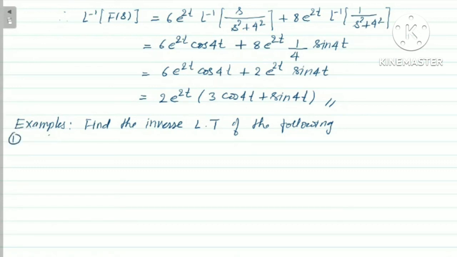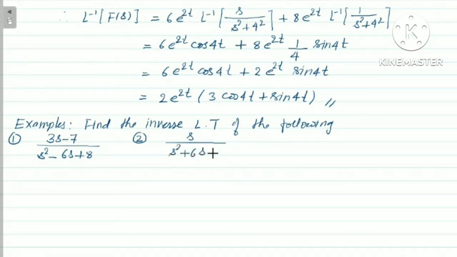Number one is 3s minus 7 divided by s square minus 6s plus 8. Number 2, s upon s square plus 6s plus 17. And number three, s upon 2s plus 1 the whole square.